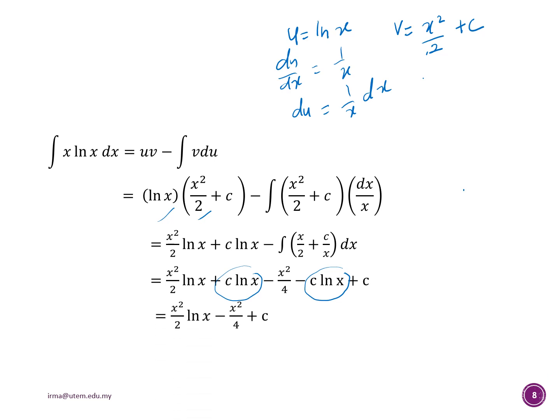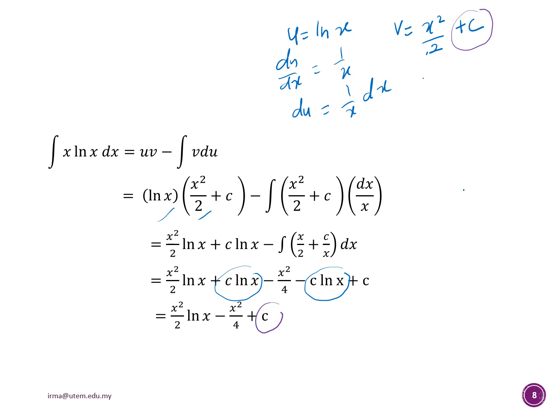So it only has x squared over 2 ln x minus x squared over 4 plus c. That's why I said just now that for the answer for v, you can exclude the plus c there. But don't forget to put plus c at the back after you solve the integration.